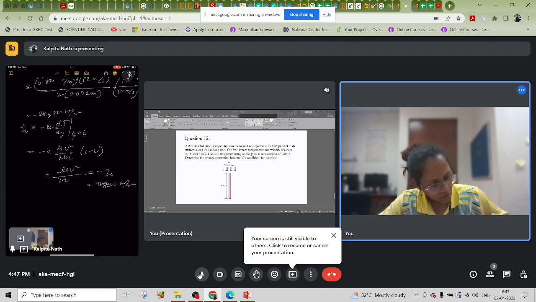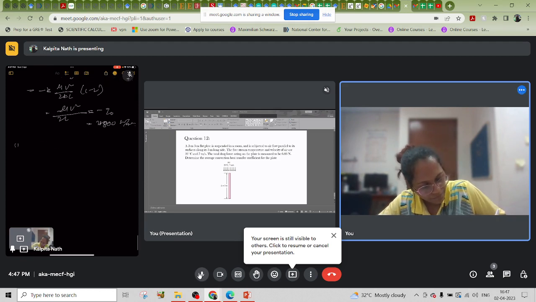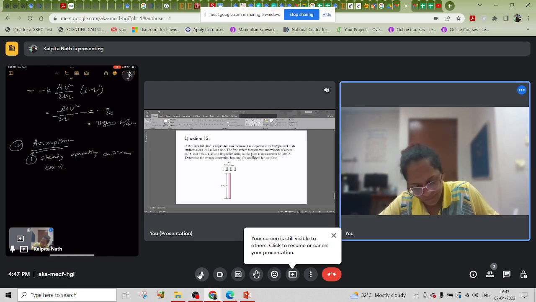Okay, so first we need to determine the assumptions that we need to keep. First, steady operating conditions exist. Second, the edge effects are negligible.